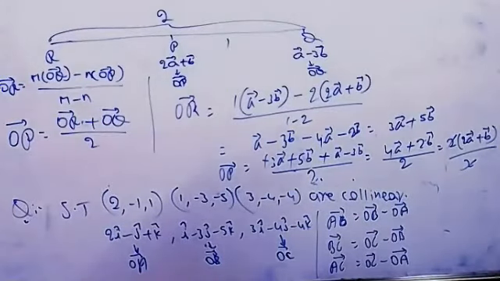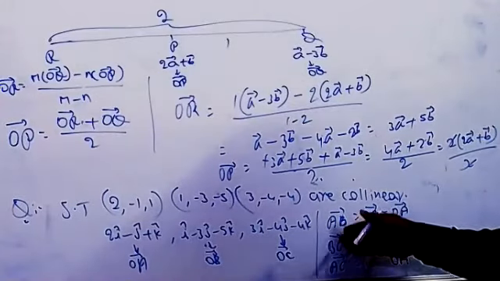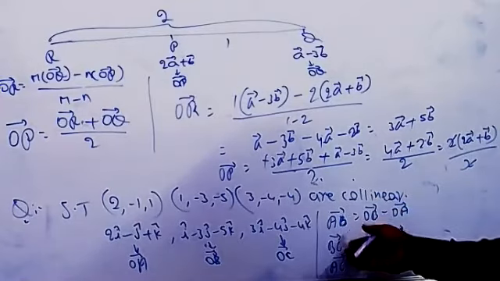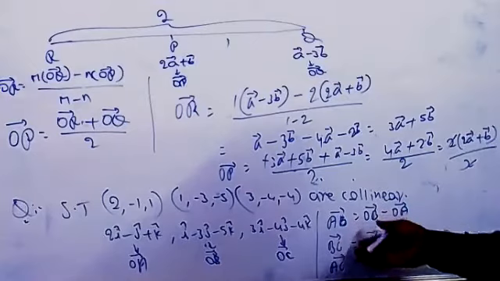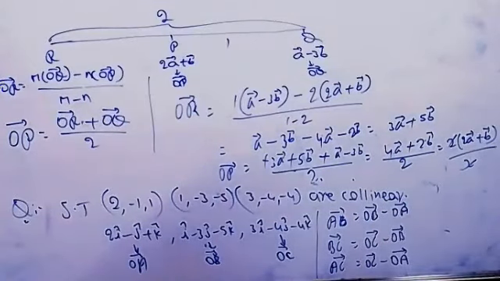Later you can verify it. Suppose AB equal to some constant into BC, or AB equal to some constant into AC, or BC equal to some constant into AC. Like that you will get some conditions. Then only we say that they are collinear.